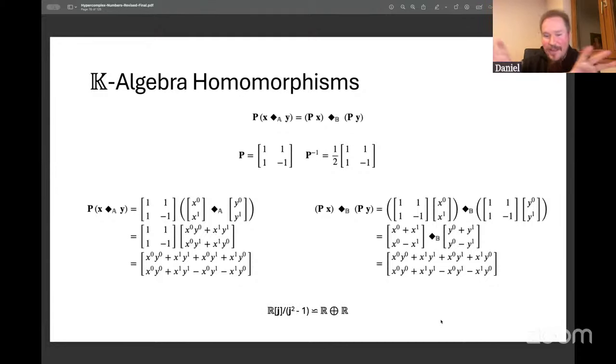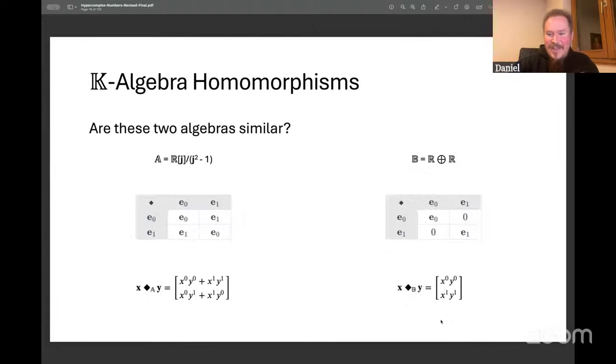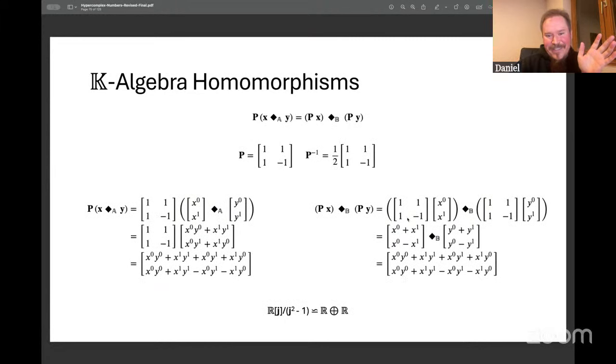And this should be really interesting to you if you're a computer scientist like me, because it implies that there is a way to optimize your code. Because if you had written your software to use the multiplication here, you would do a bunch of operations that are not strictly necessary if you use this other algebra, which only requires two multiplications. Of course, nothing in life comes for free. The cost is that you have to do this basis transformation.